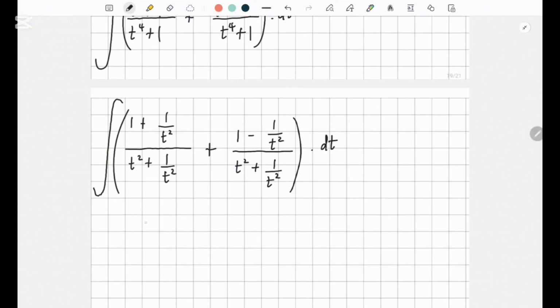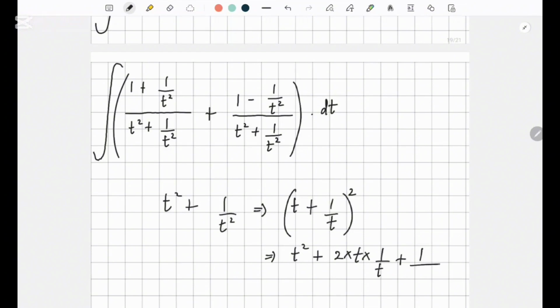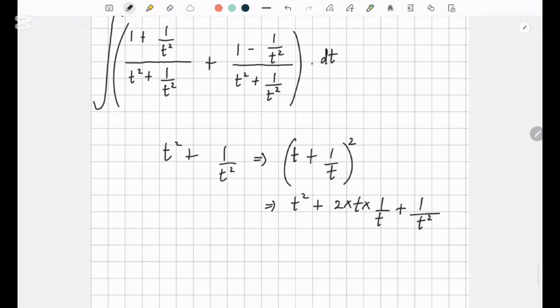So now just look at the denominator. Look at both the denominators: t squared plus 1 over t squared. Now I'm trying to write this in a completing square format. If you try expanding t plus 1 over t in brackets to the power 2, what would this give you? t squared plus 2 into t into 1 over t plus 1 over t squared, right?